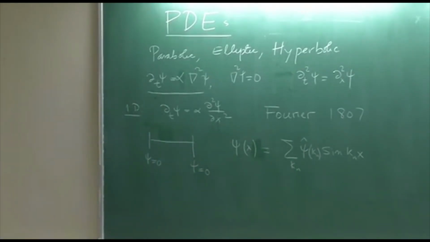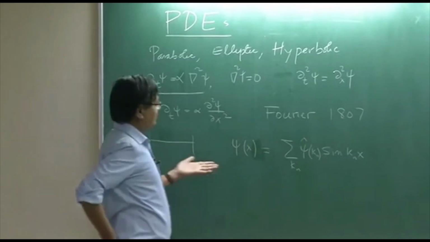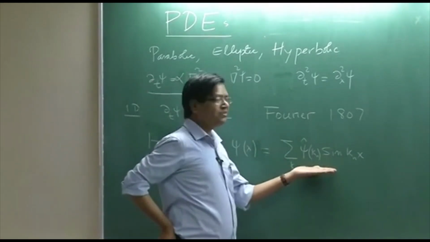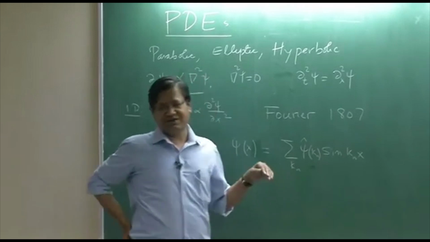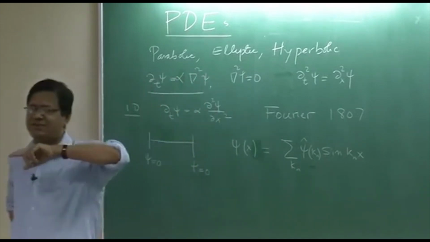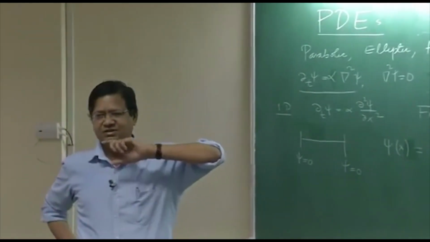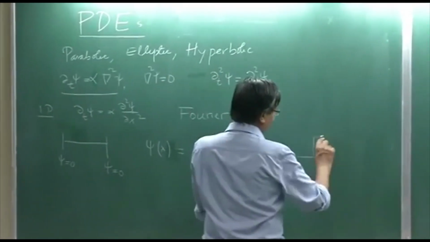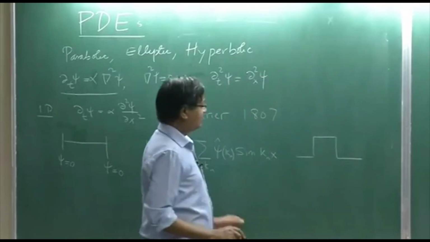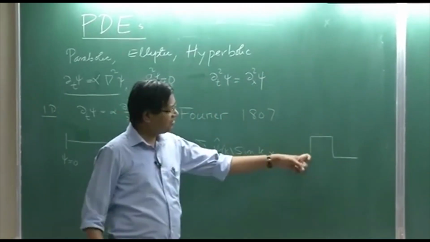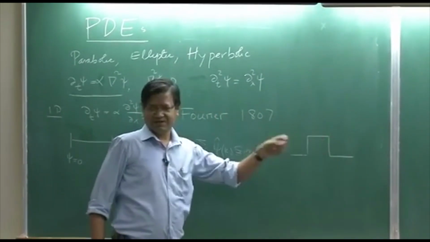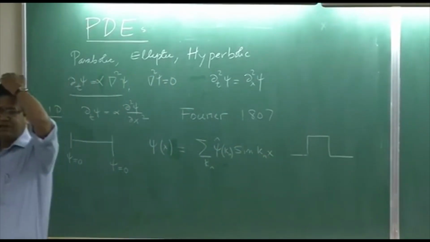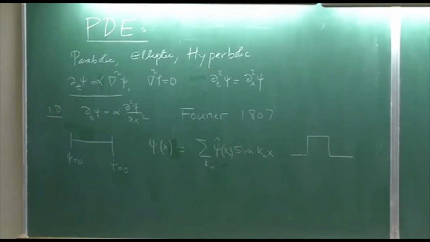Now this is a very important theorem. Using this expansion, you can expand any function, in fact even discontinuous ones. I'm sure this function can also be written in terms of this. There is a discontinuity at this point and this point. Fourier didn't know the proof, but he postulated that this can be done, and that's why he was struggling.